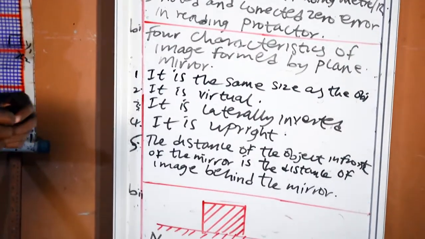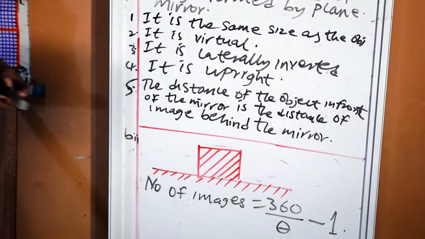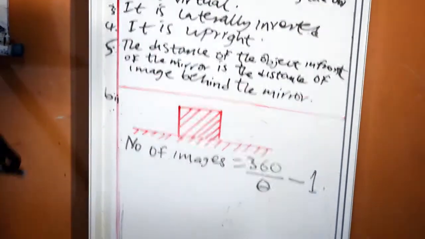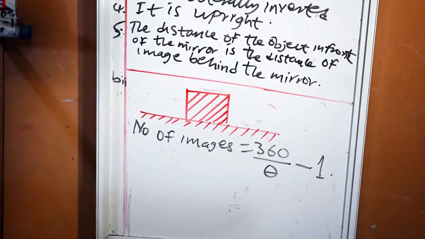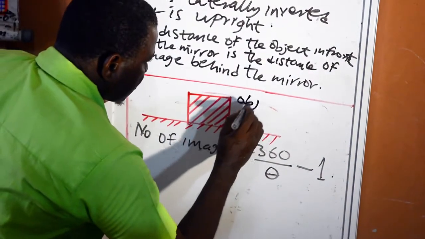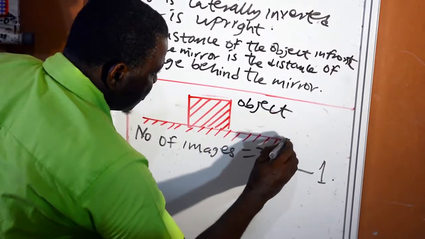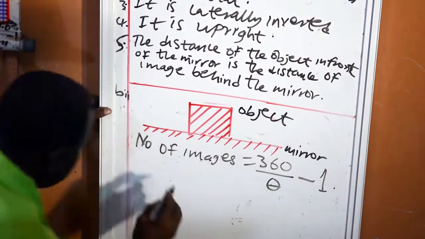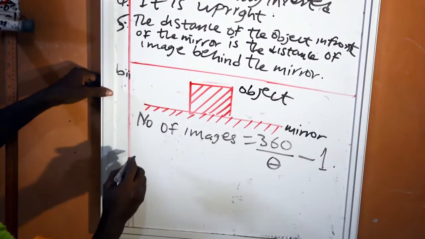Now, the last question, B2. You are directed to calculate the number of images formed by this object. This is the object. This is the mirror. The angle here is 180.